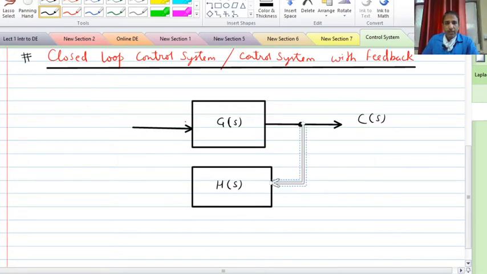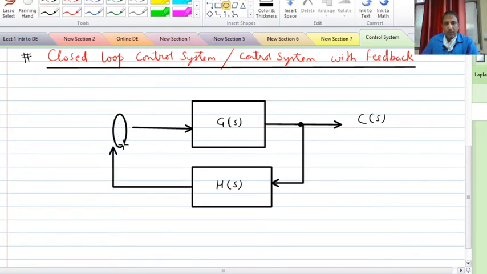Okay, and here we have given this output to this side, and here we use a summing box. In this case it is denoted by plus, minus, and you have connected a line here.